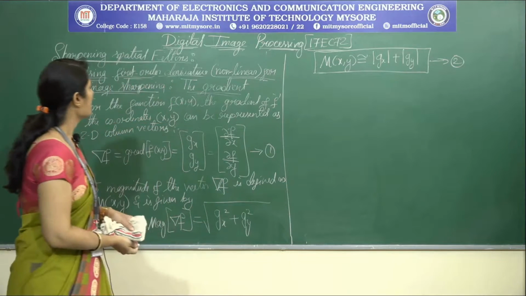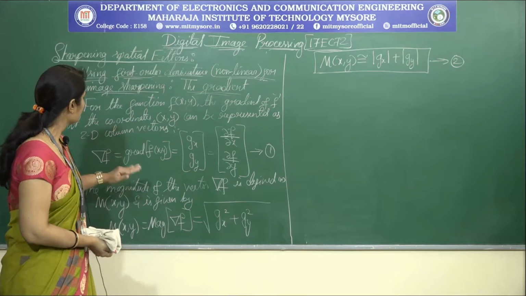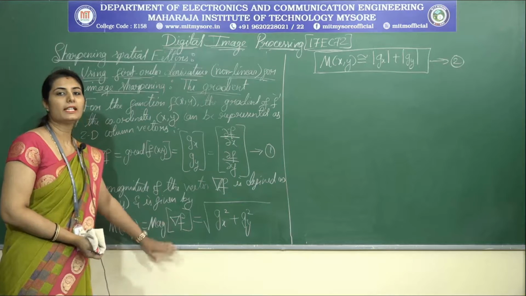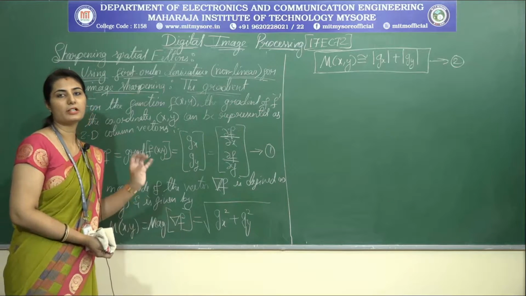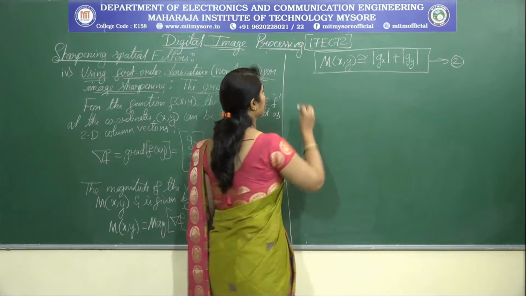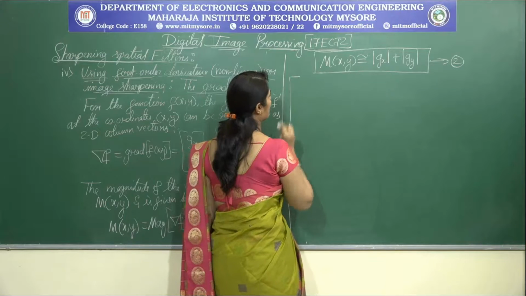Okay, so now using the gradient of f as well as the magnitude of f, we can construct the mask for sharpening the images. So let me consider the intensities of the image.